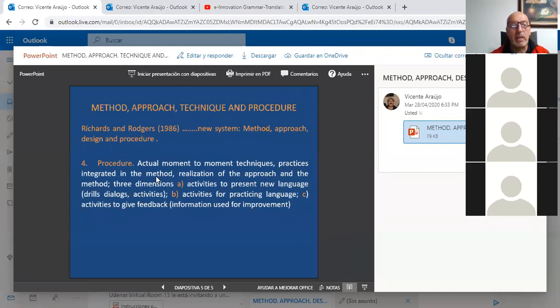Of course, they are part of the method. Actual moment is the real situation, what really happens in class.